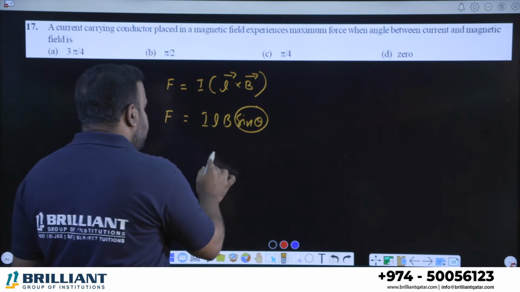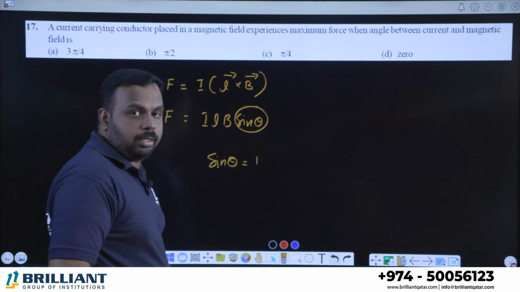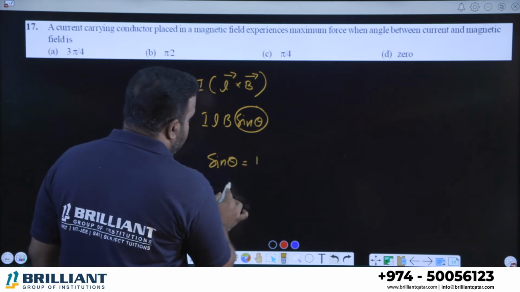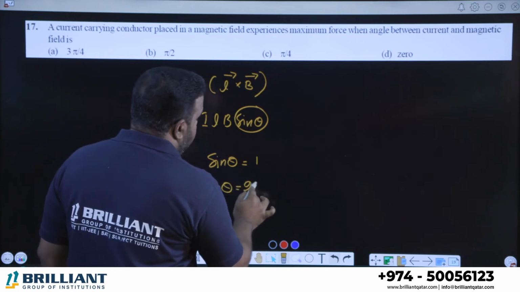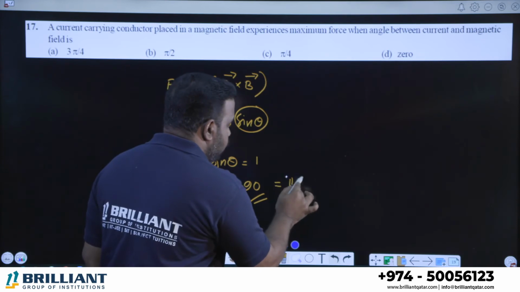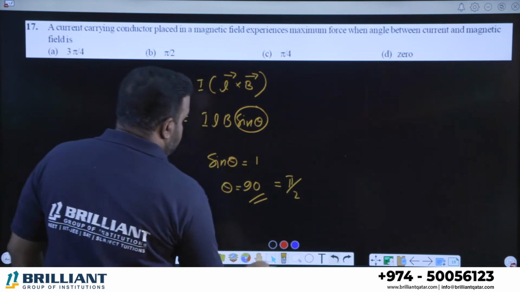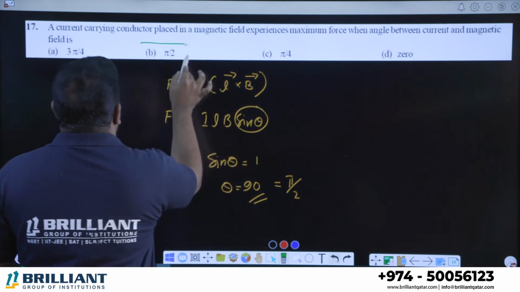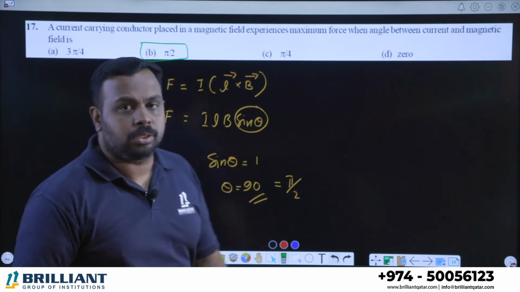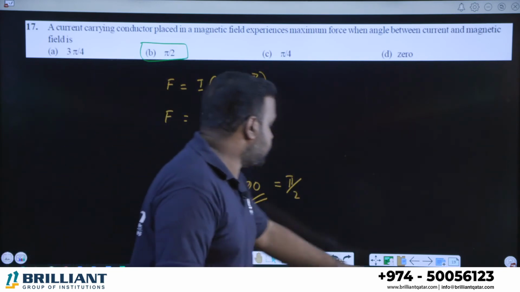The maximum value of the sine function is 1, right? And to get sine theta as 1, theta has to be 90 degrees, which means pi by 2. Sine 90 is 1. So pi by 2 is the answer, option B, for our 17th question. Clear? Yeah. Next.